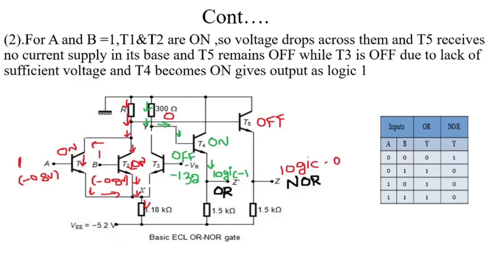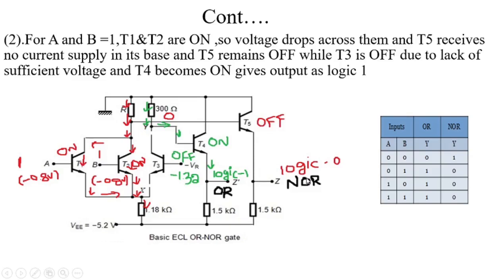The T1 and T2 transistors are on with respect to this input voltage, so here a short circuit forms from the power supply to ground, the shortest path. Therefore, here we get logic 0 output. This logic 0 output is given to the input of this T5 transistor, and this T5 transistor operates in the cutoff region, so we get logic 0 output.